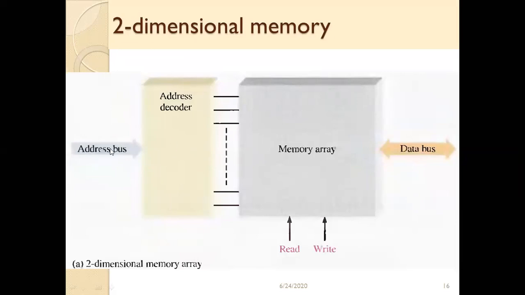I give the address from here, from a few lines, and those lines are called the address bus. We give the address from here, and then this address is decoded, and with the help of this decoder, a specific location is selected in this memory.